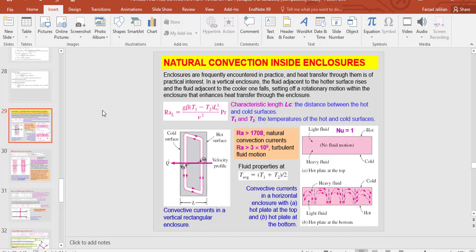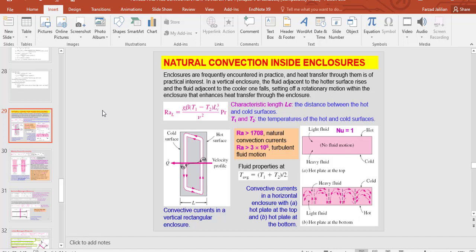During the last 3 sessions, we have started to talk about one mode of heat transfer, which is convection heat transfer. We started our discussion to introduce you to what convection is.